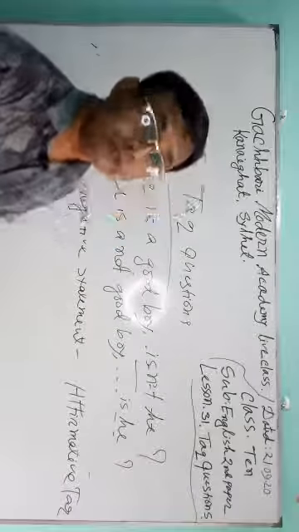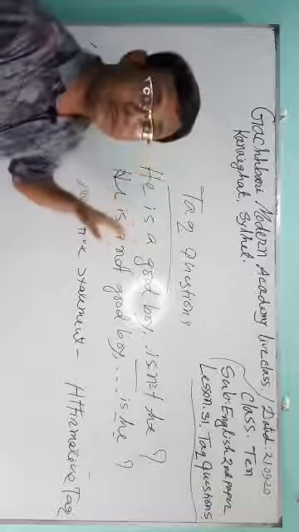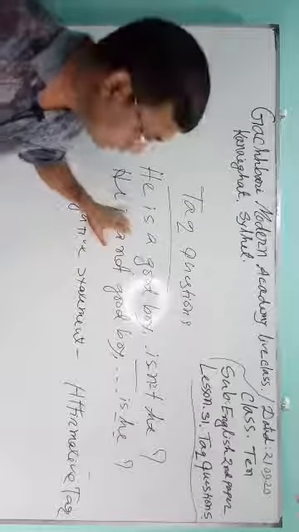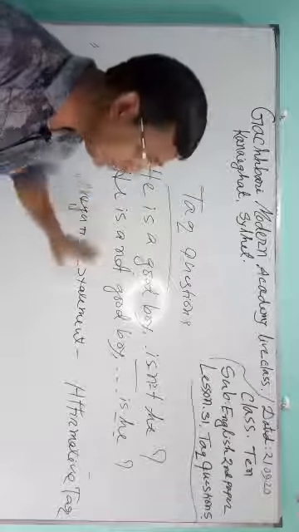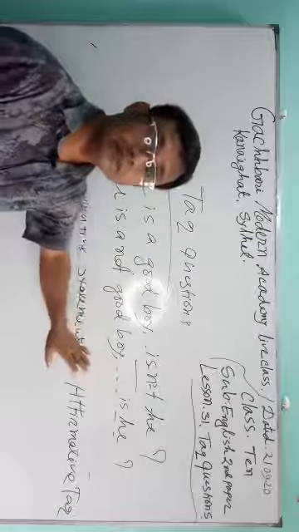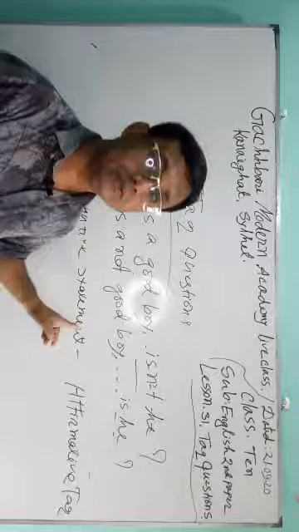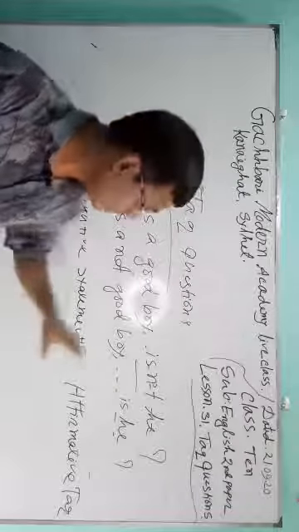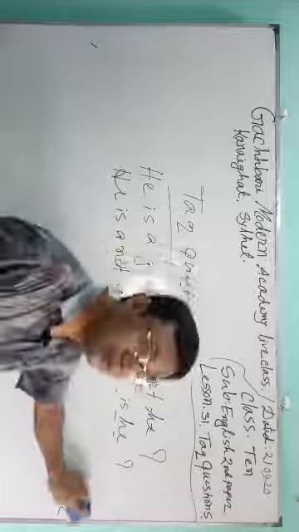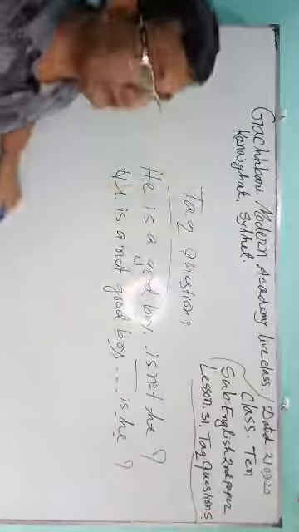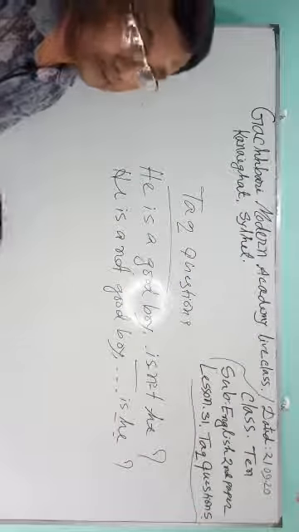So affirmative statement, negative tag, and negative statement, affirmative tag. Dear friends, is it clear to you? Now I would like to show two structures.